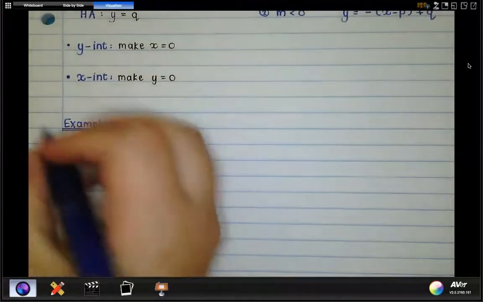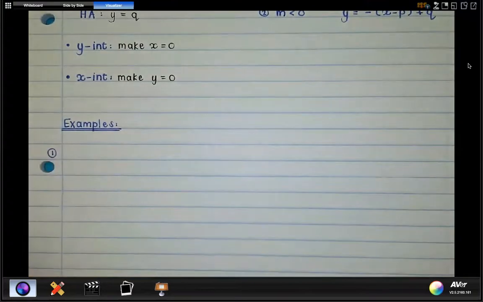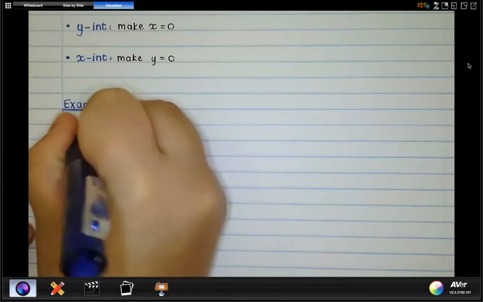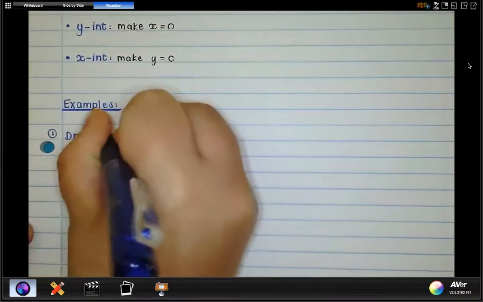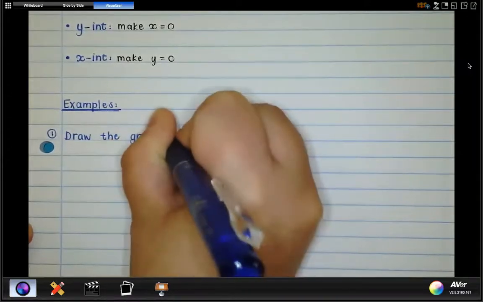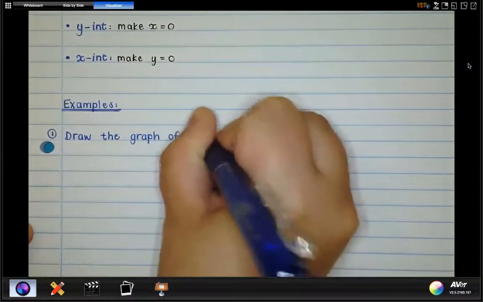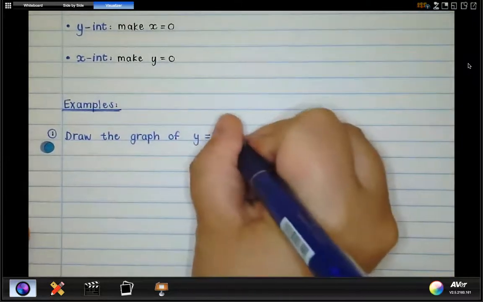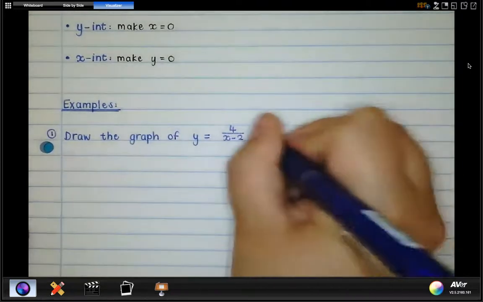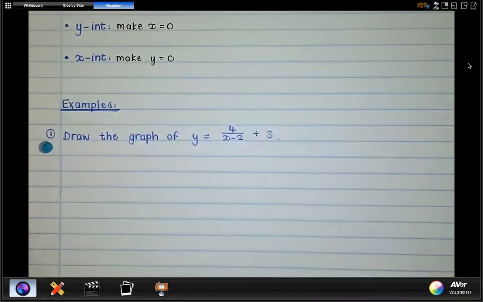Okay, we're going to do some examples now. The first one is where we are just going to draw a hyperbola. So just draw the graph of y equals 4 over x minus 2 plus 3.